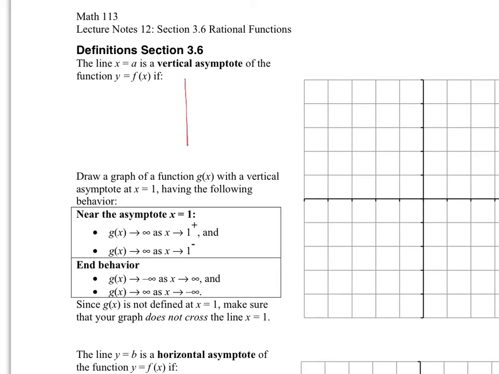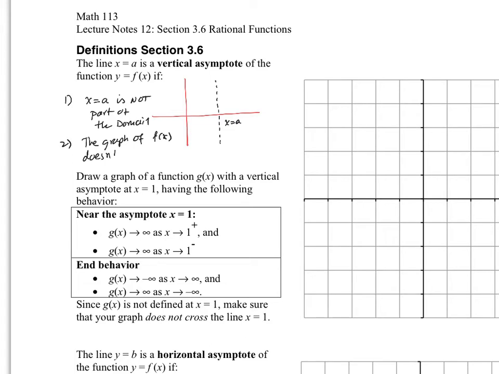It says the line x equals a is a vertical asymptote of the function y equals f of x if, one, x equals a is not part of the domain, and two, the graph of f of x doesn't cross the line x equals a. Okay, so that's what it means to be a vertical asymptote.